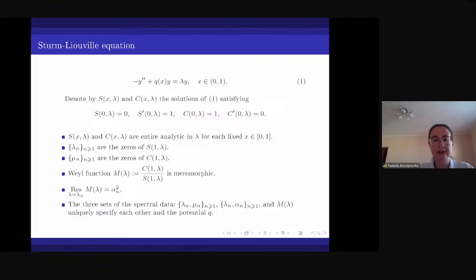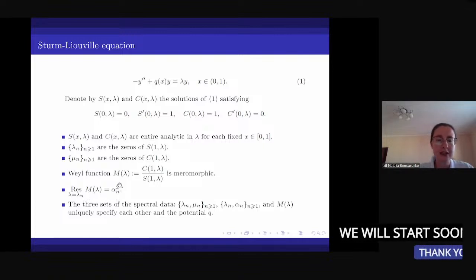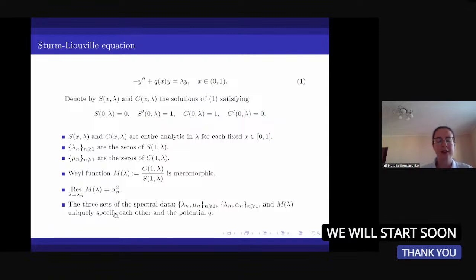At the same time, if we find the residues of the Weyl function at its poles, lambda_n, we get these numbers, squared norming constants. So if we have the Weyl function, we can find its zeros and poles and obtain two spectra.